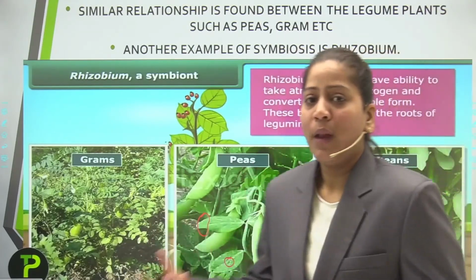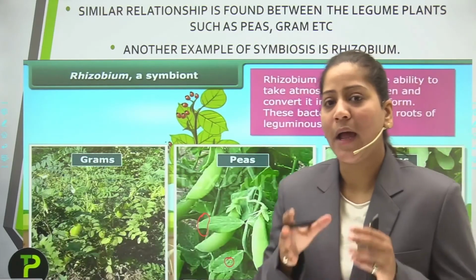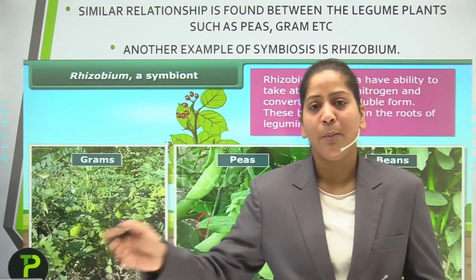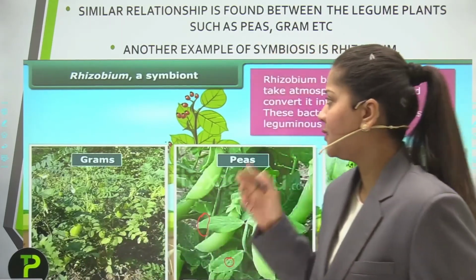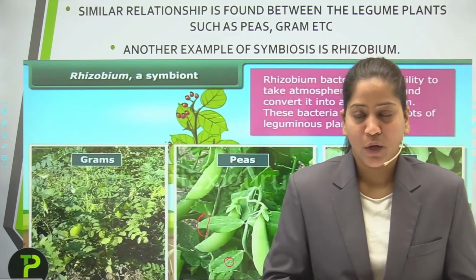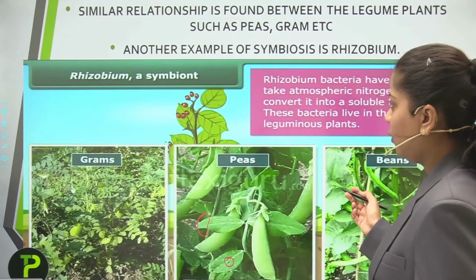In turn, plants give food to the bacteria, and the rhizobium bacteria give nitrogenous compounds to plants. This is a symbiotic relationship between a bacteria and leguminous plants such as grams, peas and beans.